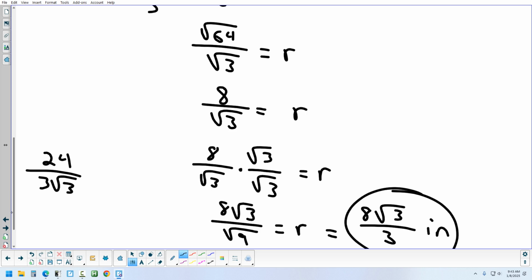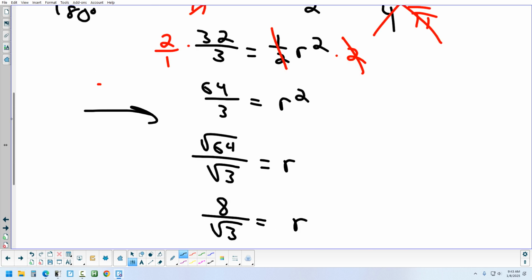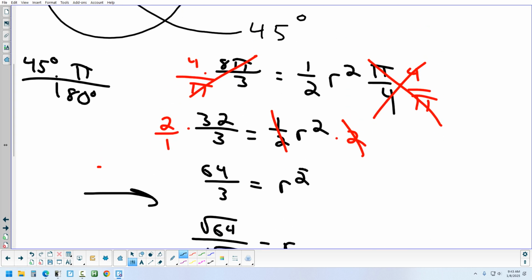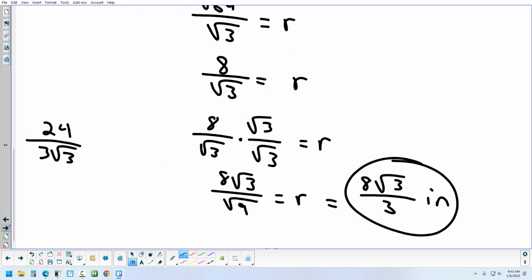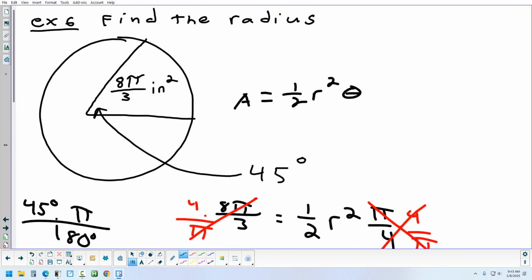When you have to solve for r, that's potentially the longest one because of that exponent of 2. That can make things a little longer. Any questions on using the area formula to solve for any of the variables?